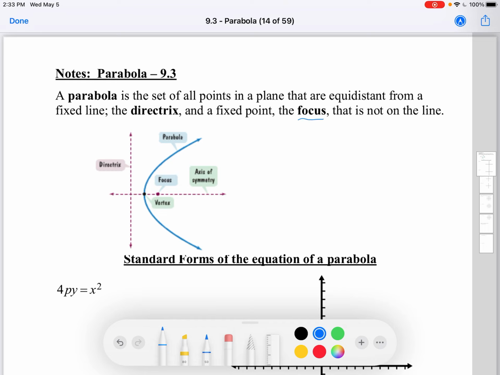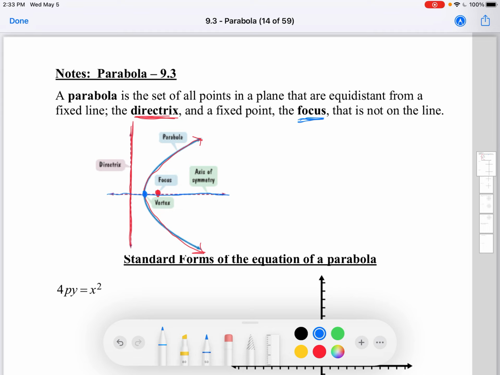Followed by the focus, which is always going to be placed inside of the shape, regardless of what shape we're talking about. Going back to the basics, of course, we're going to have the vertex. And then again, we are going to have an axis of symmetry, something we don't talk about very often, but it is coming into play. So altogether, a parabola is going to have quite a few features that we will need to consider.